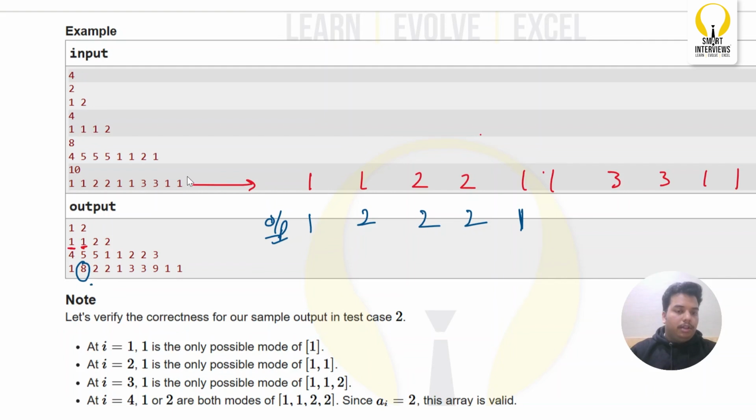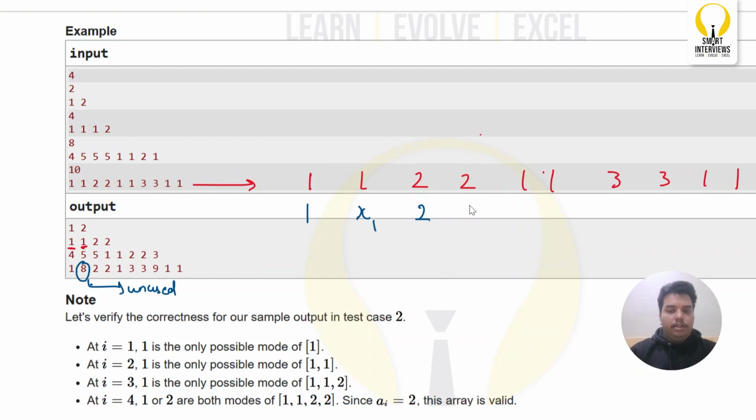8, is it present in the array? No. So we can tell that 8 is something called an unused number. So we can keep any number x1. Here we can keep 2. Again, when we reoccur the already used number, we should not print it again.